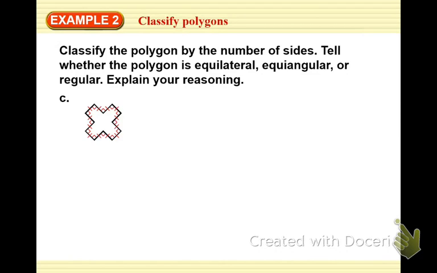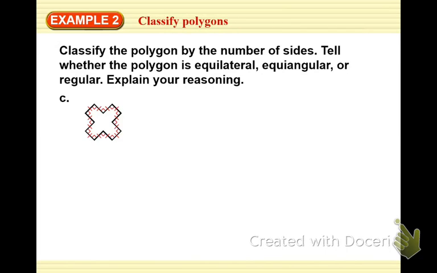There's 12 sides, so this thing is a dodecagon. And if you look, all of the sides do have tick marks in them. So it's going to be equilateral, but because it's concave, and hopefully you guys understand this is concave, it's too difficult to talk about this guy being equiangular.